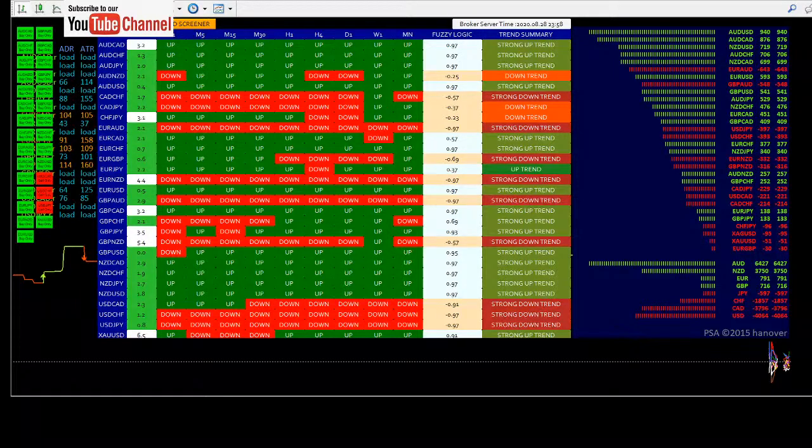Now we go higher, we can see another zone here. So what we'll do in this case is we just close this pair and leave it because it doesn't look safe. AUD CHF, let's take a look at this too. Too much consolidation.